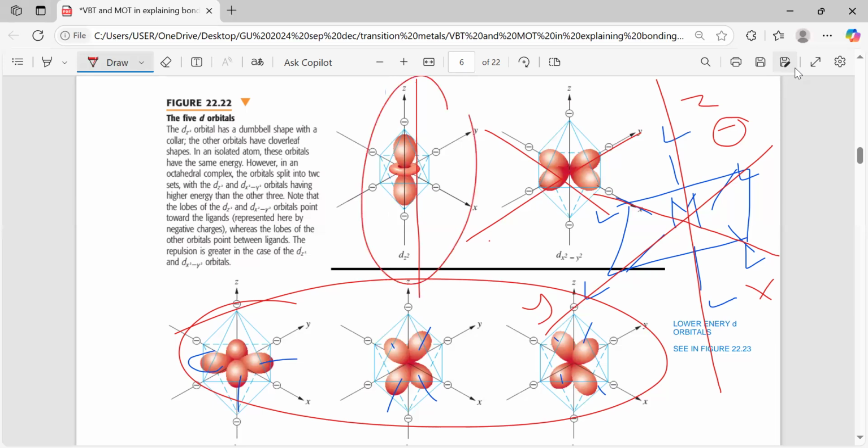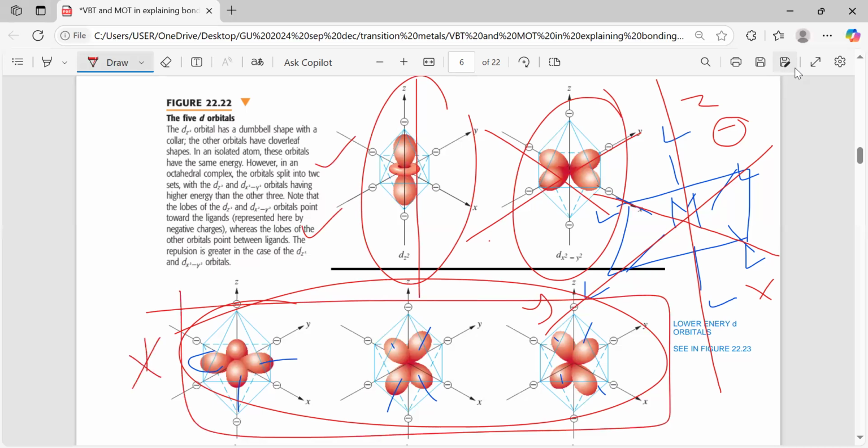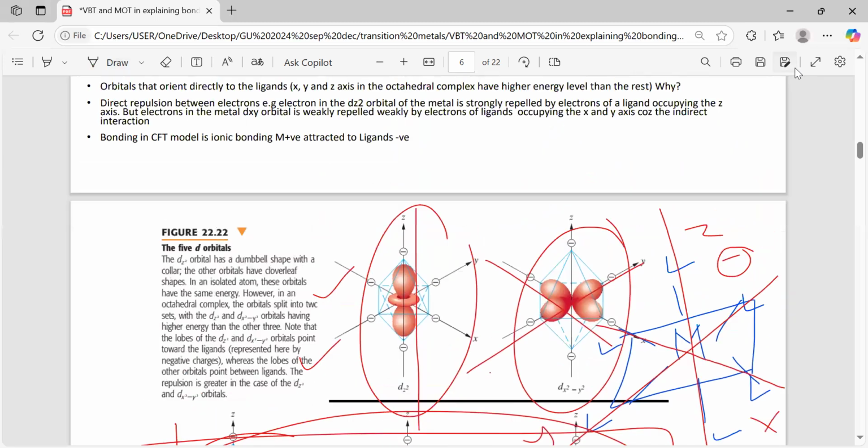This one, because it is oriented directly to the Z, and this d orbital because it is oriented directly to the X and Y. So these 2 orbitals will have a higher energy level than these other 3 orbitals, because these 3 other orbitals are not oriented directly with ligands, and therefore they split.